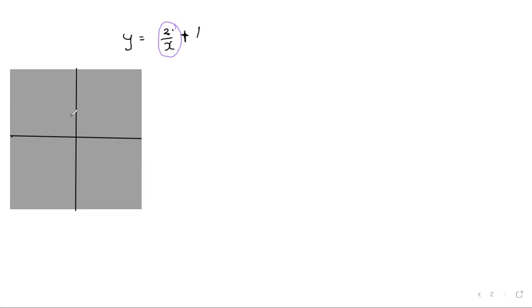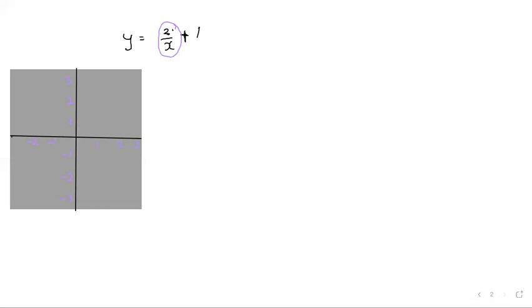Now, with this one here, we have 1 here, 2 here, 3 here, -1 here, -2, -3. And you can have your -1 there, -2 here, your 1, your 2, your 3 there.